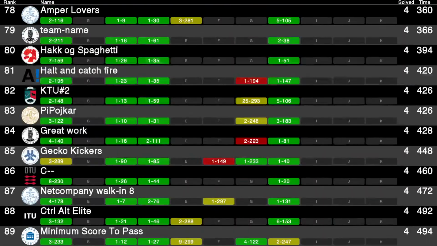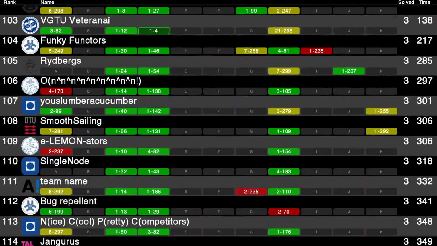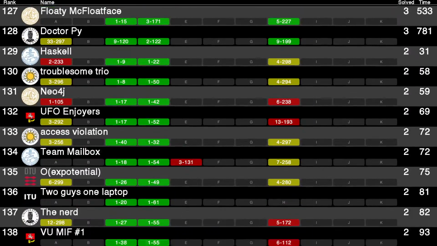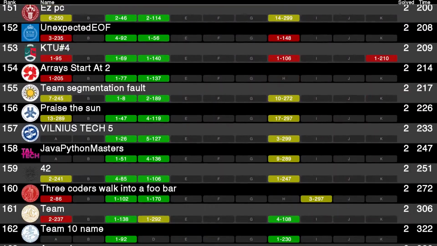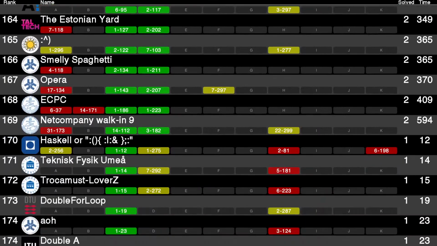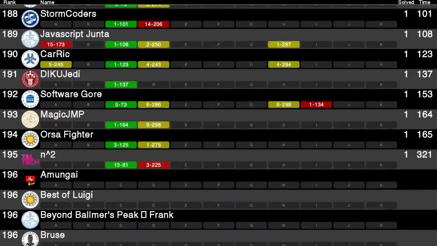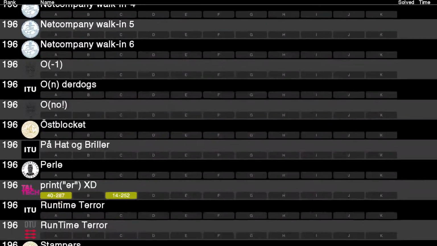So this is what the scoreboard looked like before the freeze. All of the yellow boxes are problems where teams have submitted after the freeze, so we don't know if they were accepted or not. So quite a lot of teams.